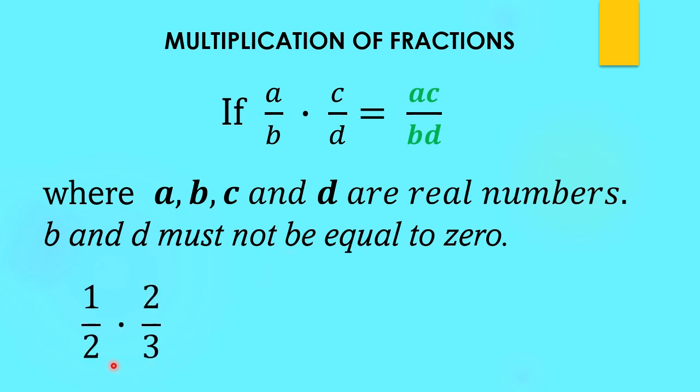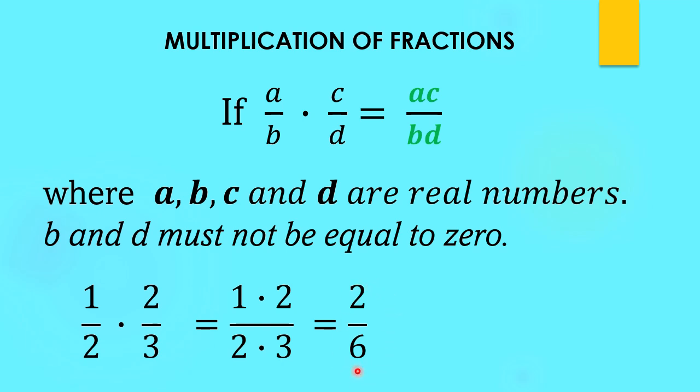If I'm going to multiply 1/2 and 2/3, what will be the product? Of course, we follow the rule in multiplication of two fractions. We multiply numerator to numerator, then denominator to denominator. So 1 times 2, and then 2 times 3. It will give us a product of 2/6.